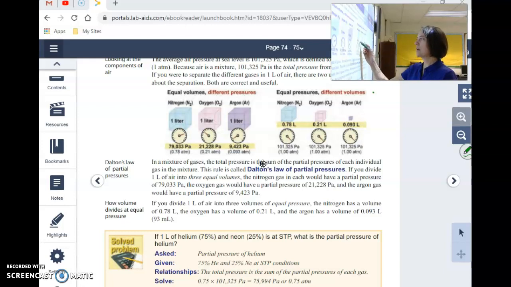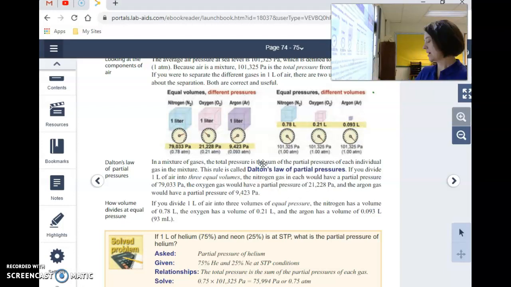So nitrogen makes up 78% of the air, and if I have 1 liter of air at 1 atmosphere and just take out the nitrogen, it would take up 0.78 liters of volume. And then the oxygen would take up 0.21 liters of volume, and then the argon would take up about 0.01 liters of volume.